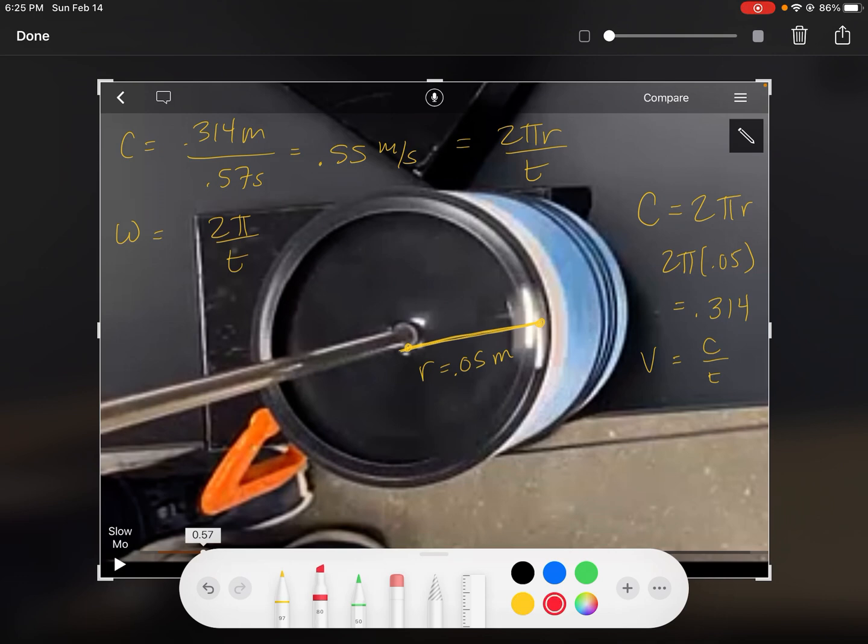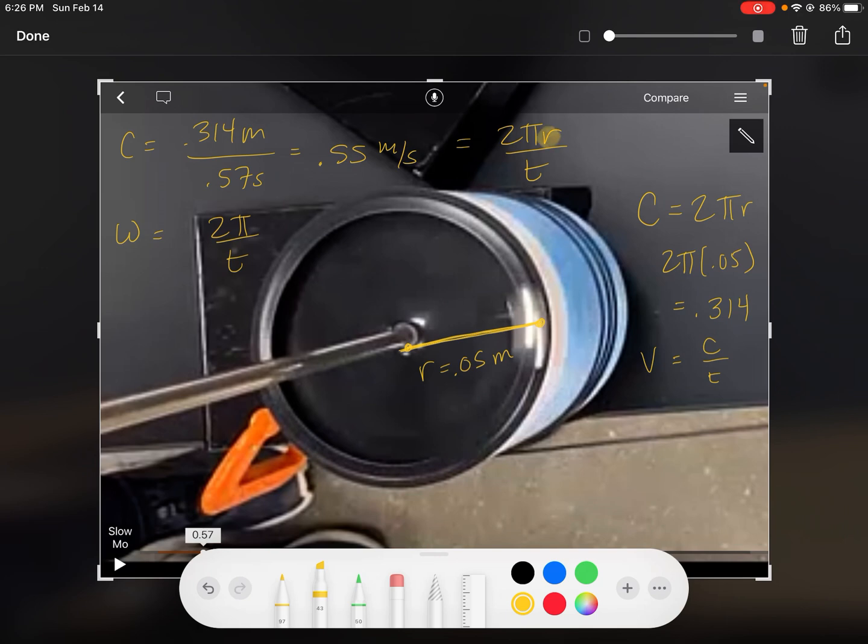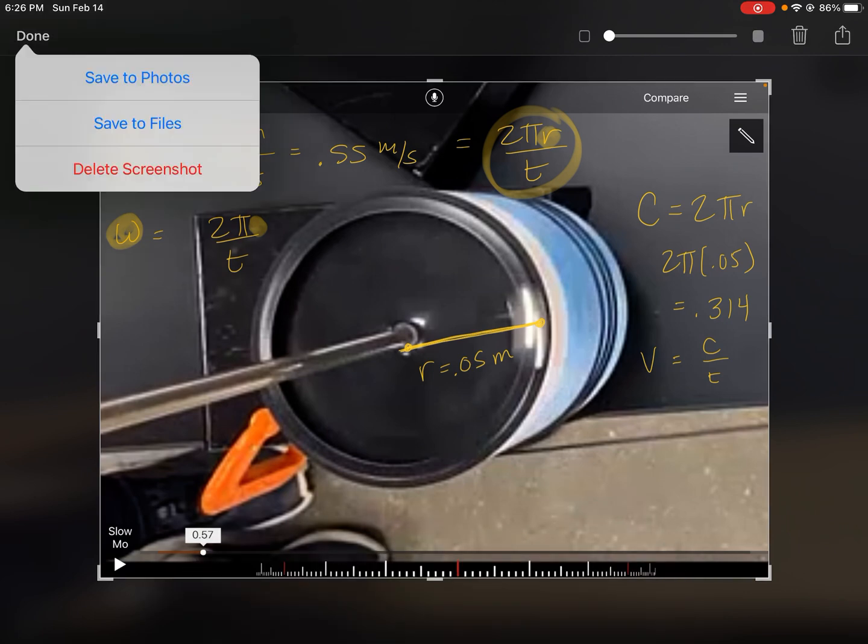The only difference between these two things is that r. So if I took the angular speed and multiplied by r, I would get the linear speed. So that's our next formula.